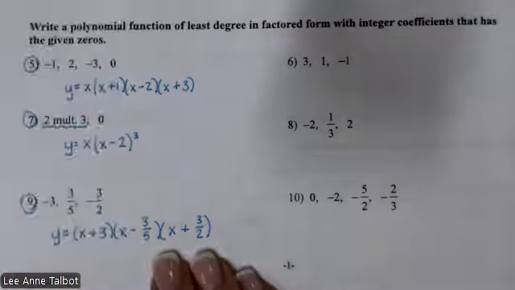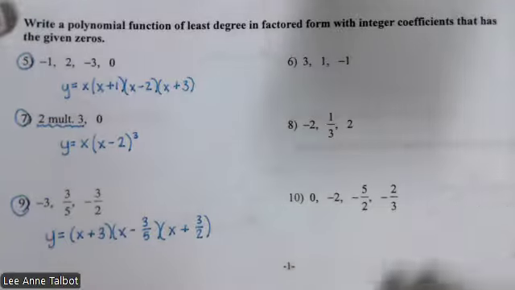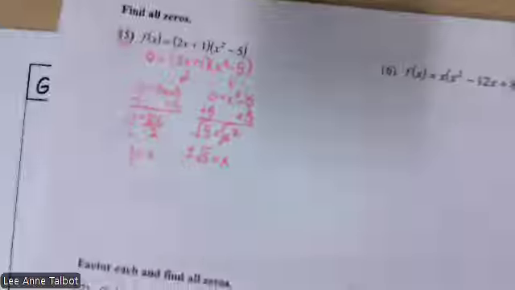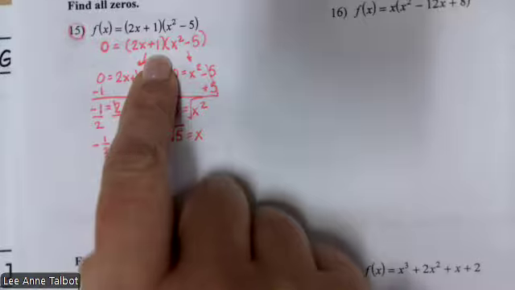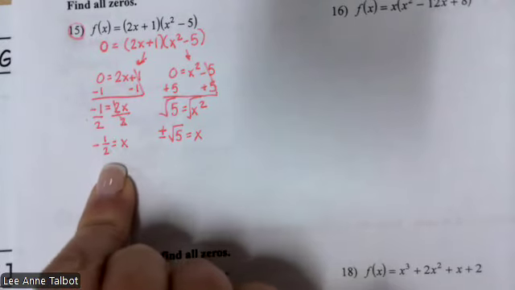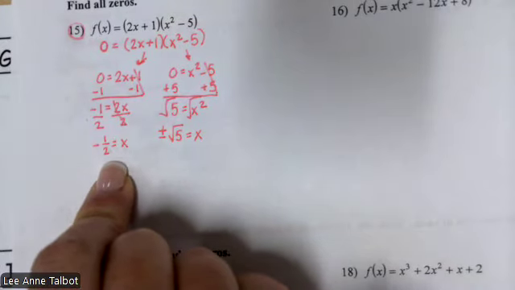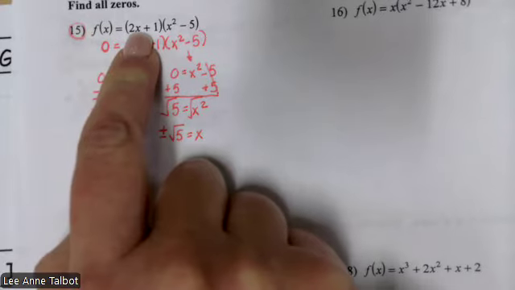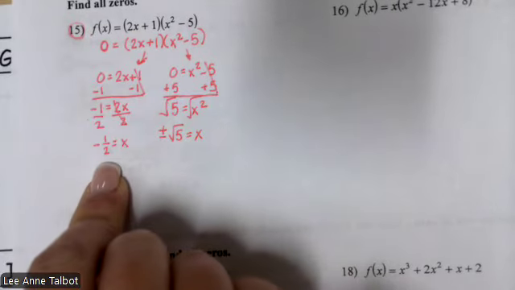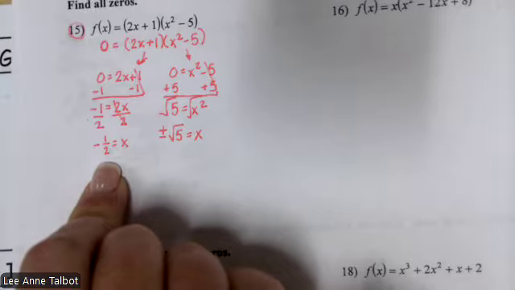And what I want to do is remind you, so go back to number 15, the warm-up. And look at this factor. What did the answer end up being? A fraction. Okay, so this factor ended up being this fraction.